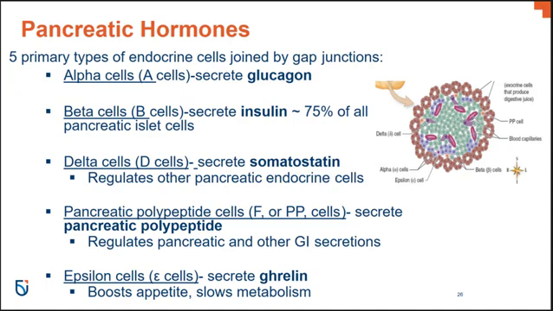Alpha cells produce and secrete glucagon, which works to increase blood glucose levels by stimulating the conversion of glycogen to glucose in liver cells. What that means is that when your body is hungry, maybe you haven't had anything to eat, blood glucose levels need to remain stable.